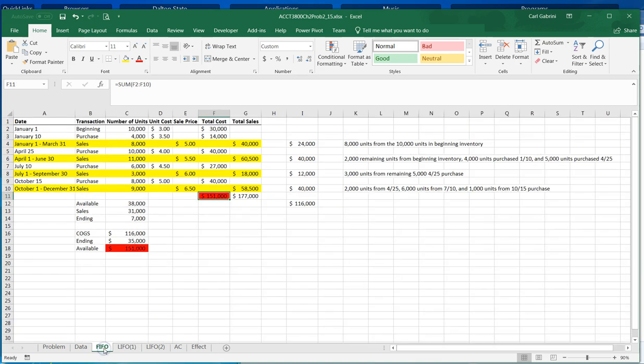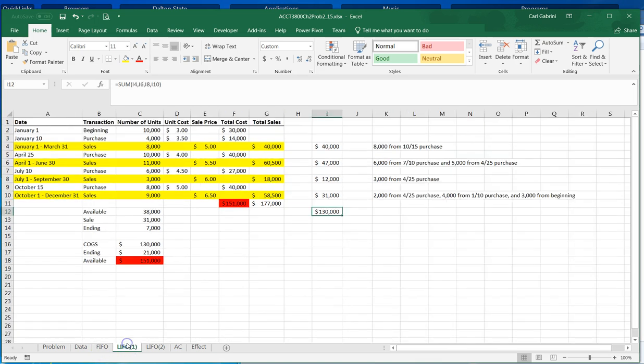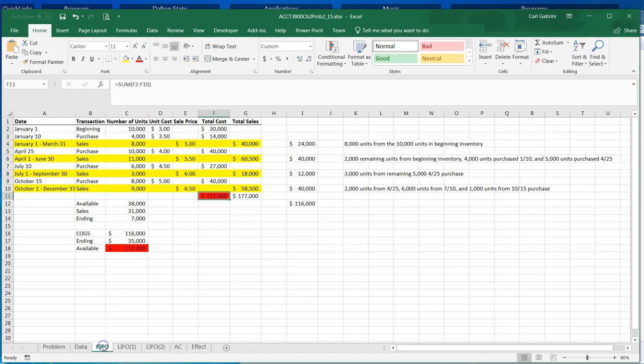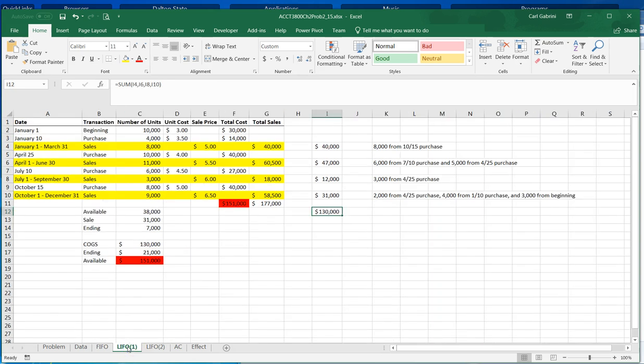So again, that's the difference between FIFO and LIFO using the periodic system. We have $116,000 cost of goods sold under FIFO. And remember, this comes off the income. So we have net sales minus cost of goods sold equals gross profit. With the same amount of net sales, the same amount of total sales, $177,000, we're going to report a higher gross profit under FIFO than we're going to report under LIFO.